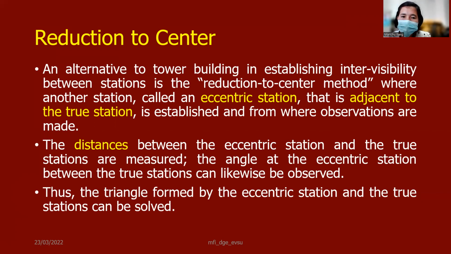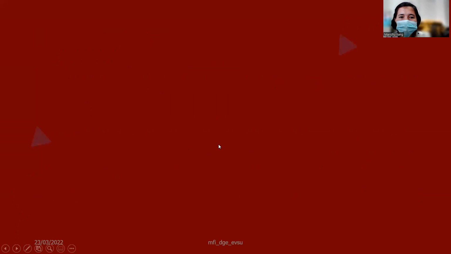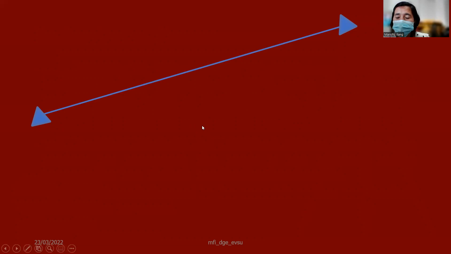Okay, so for example, we have here a scenario. So let's say this true station is the true station. For example, this is the corner or baseline, the corner itself of your triangulation. However, one of the stations is impossible to be observed. For example, this is your baseline or this is the length or distance between your points.